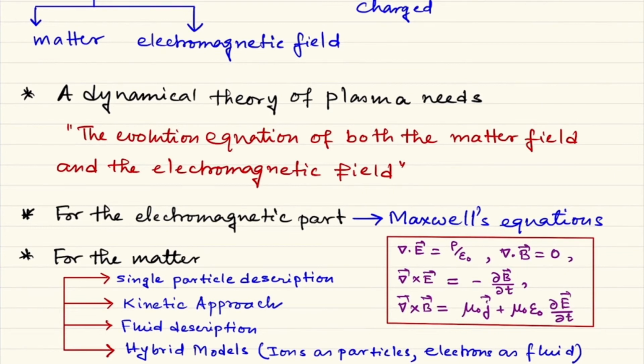Now for the matter field, we have several choices. Either we can write the single particle description, like for neutral molecules or atoms, or any neutral particles. Then, if the number of particles is large, we can talk about the kinetic approach under certain conditions. Then we can talk about the fluid description.